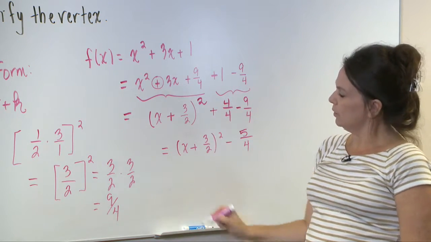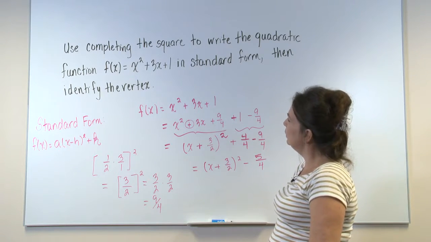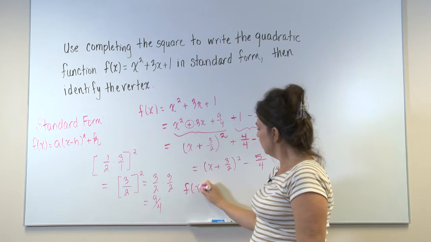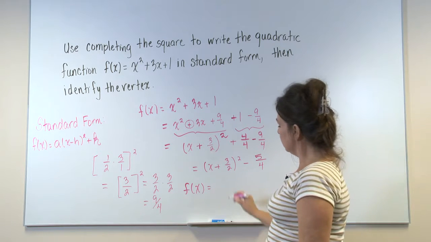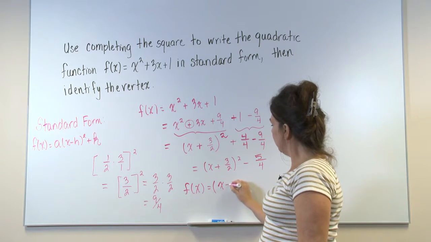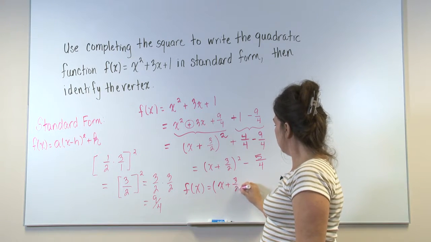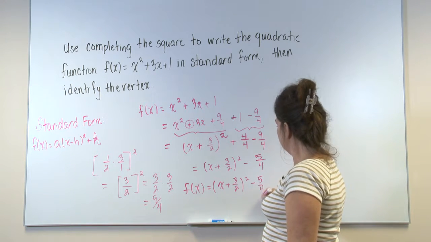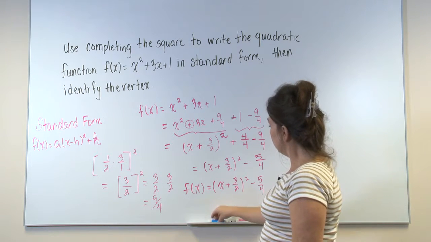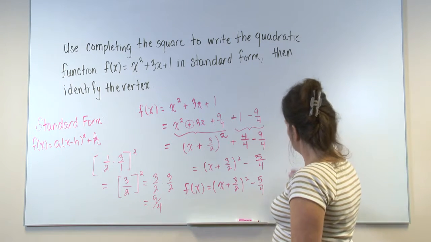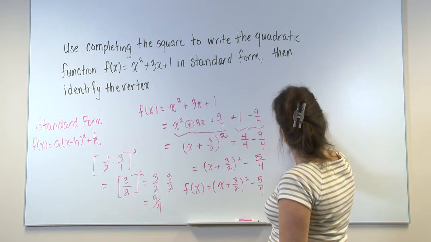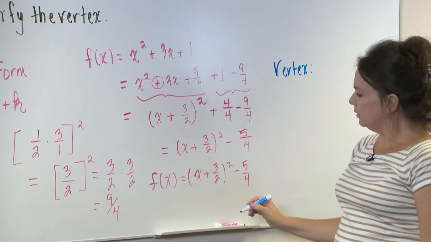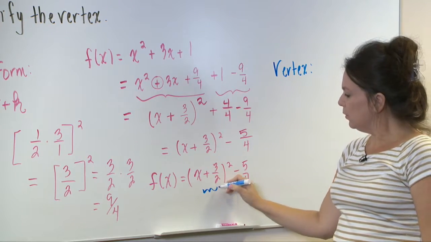So the function f of x is equal to x squared plus 3x plus 1 in vertex form is f of x is equal to x plus 3 halves squared minus 5/4. And then if I write the vertex of this function, it is the opposite value here.